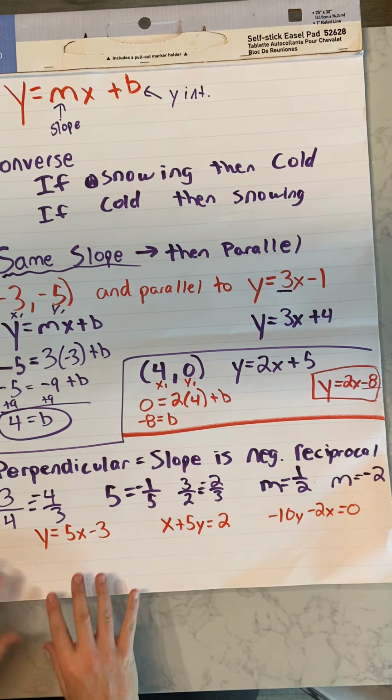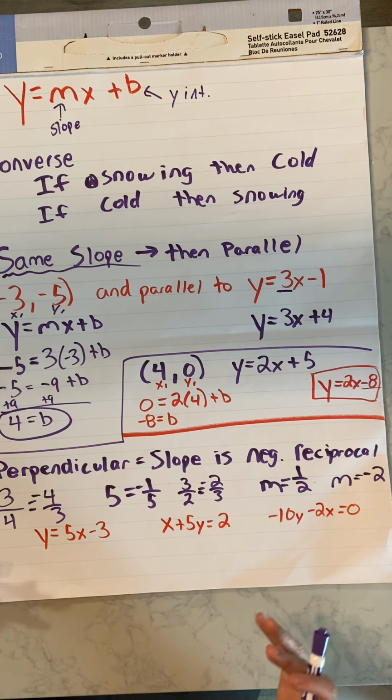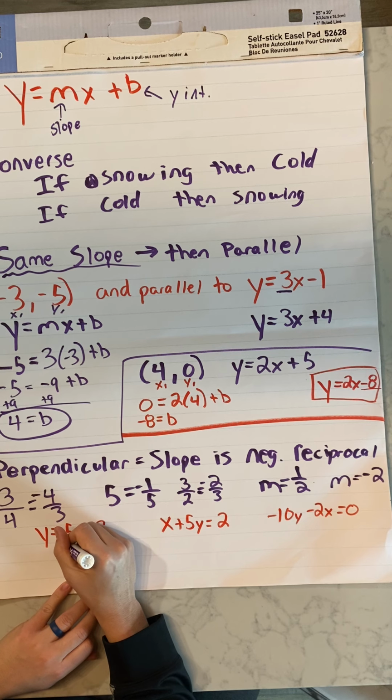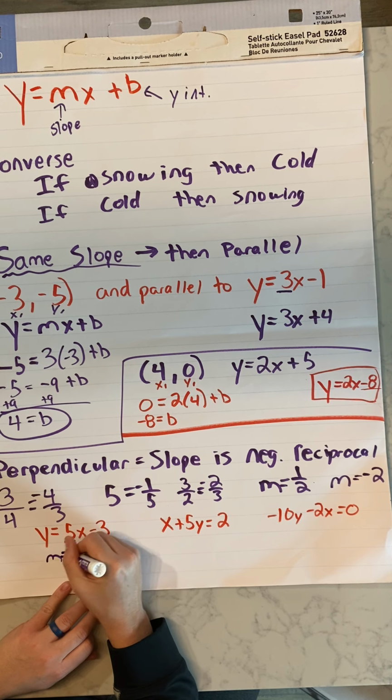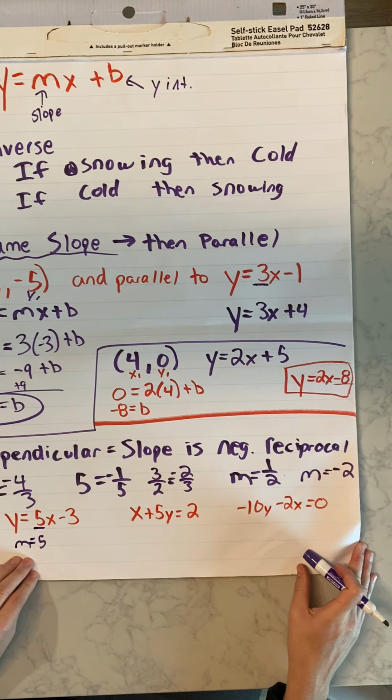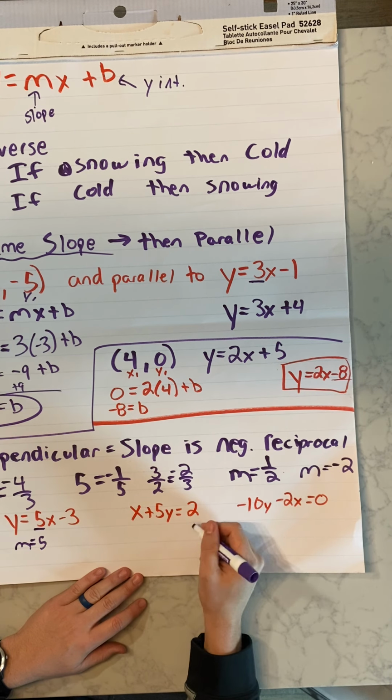Okay, they're not in slope-intercept form. What do we need to know about these in order to know if they're parallel or perpendicular? We need to know their slope. So this first one, our slope is 5. We need to know the slopes of these before we can compare them. So we have to get y by itself here.